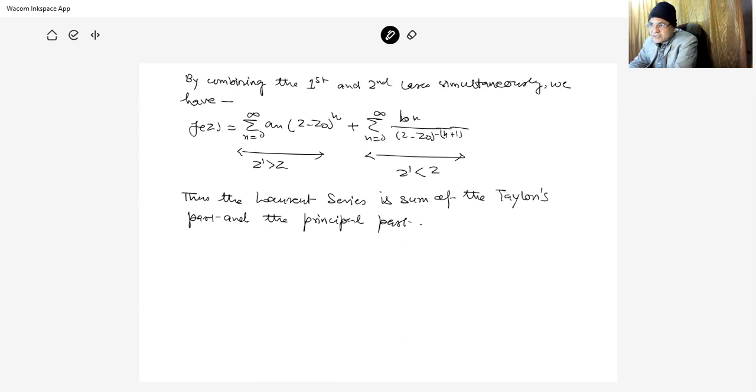This Taylor part is TP, the principal part is PP. This is the TP part and this is the PP part.